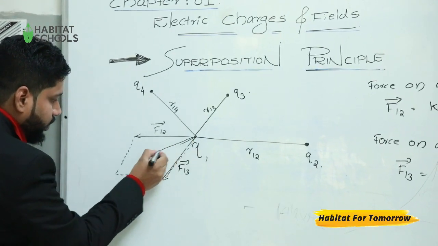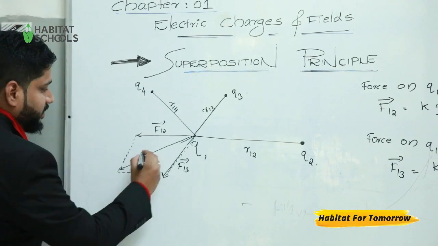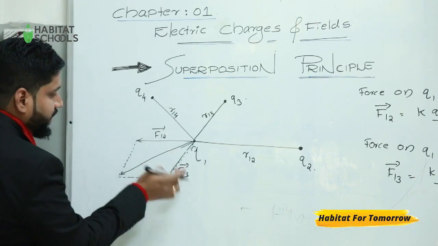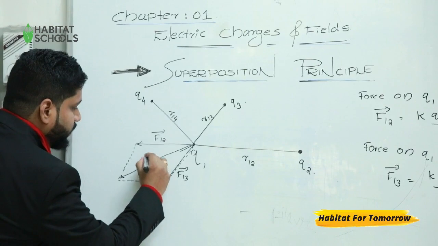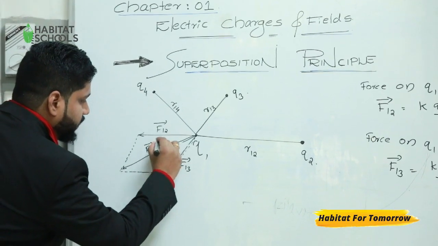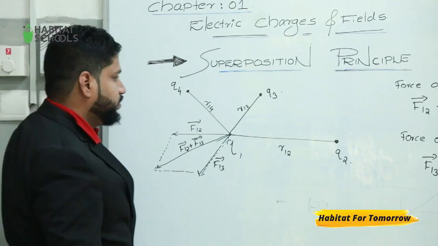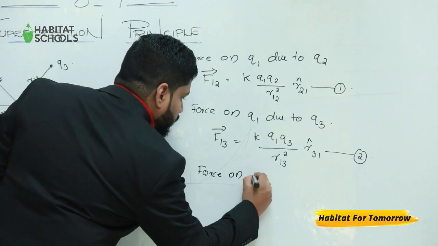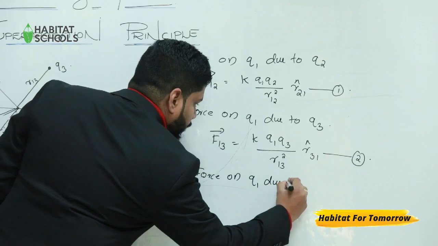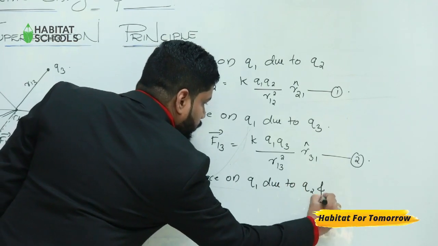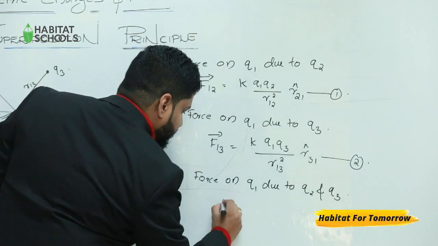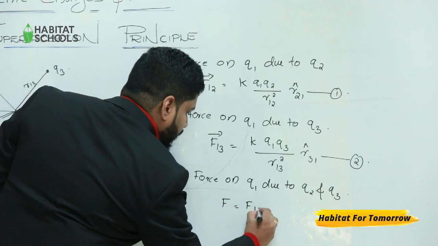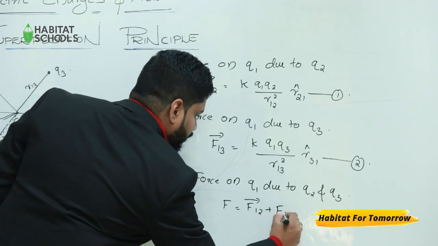The resultant is the sum of these two vectors, that is F12 plus F13. So we can write the force on Q1 due to Q2 and Q3, that is F is equal to F12 plus F13.